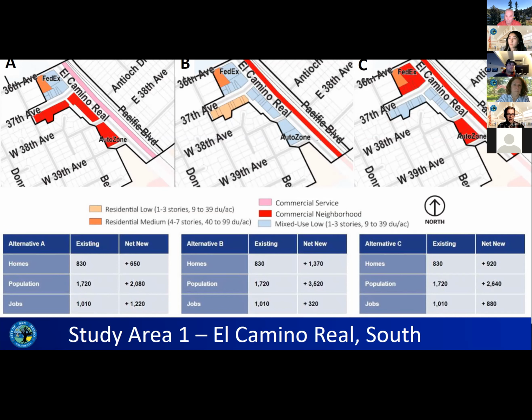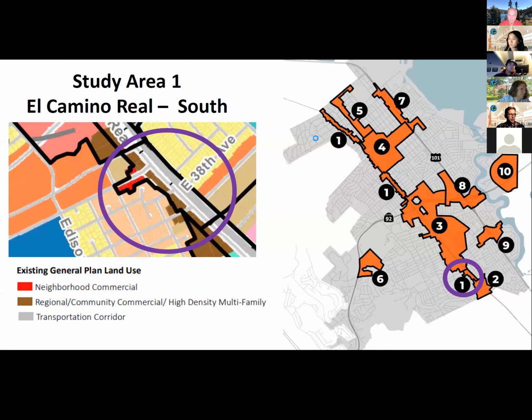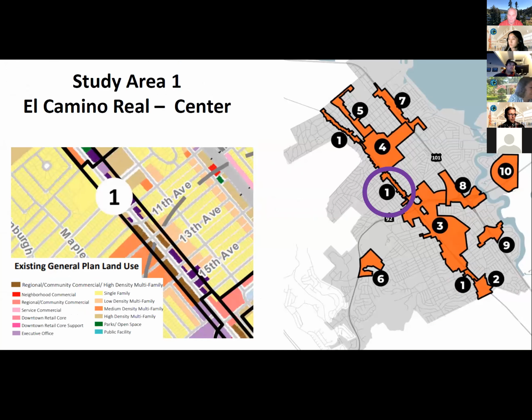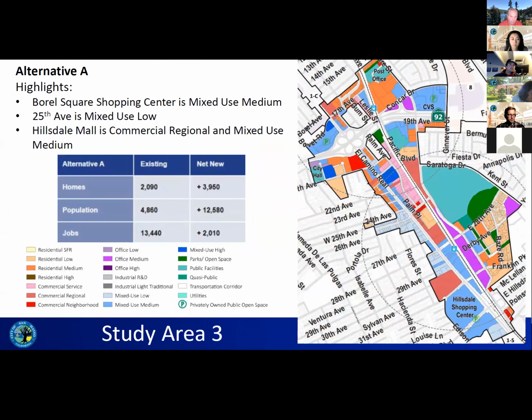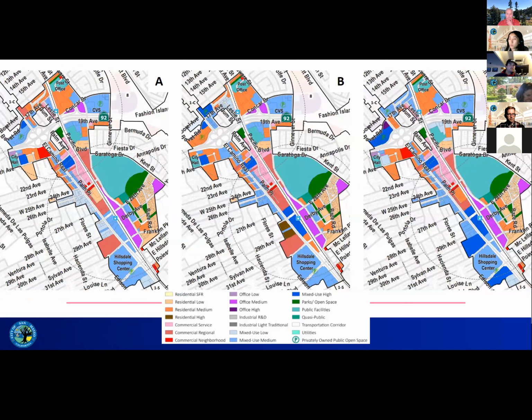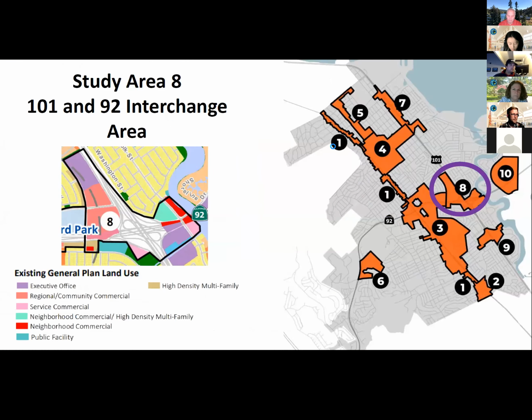Are there any additional study areas that anybody would like to revisit in this presentation? I can pull up study area 3 again, which covers most of the El Camino corridor south of 92. I have Paul would like to see 1S, which is El Camino South.